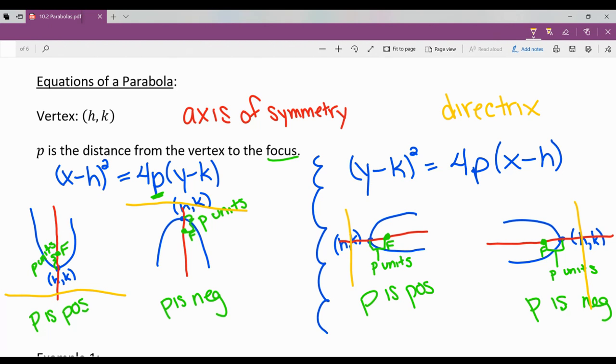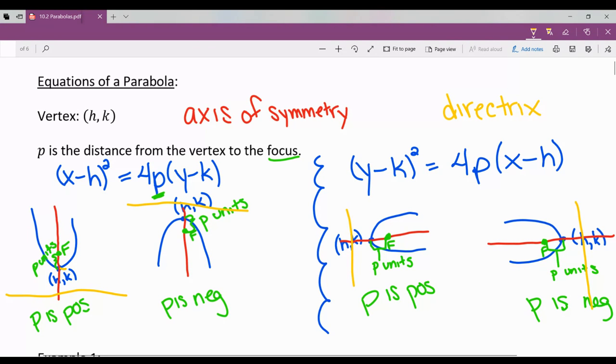Okay, so from your vertex to your directrix, that's also p units away. From your focus to your vertex, it's p units away.